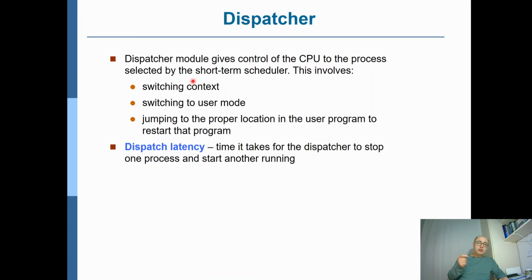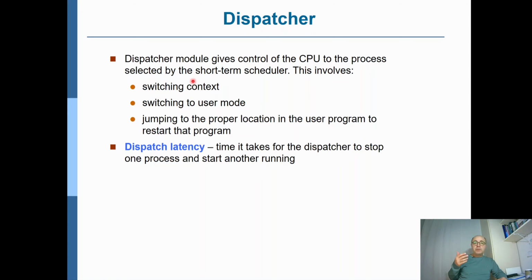Now, to do the context switch, you switch from the user mode, in which the regular process instructions were executing, and now the operating system takes over. It does the context switch by, again, saving the state of the current process and restoring the state of the new process to come into the CPU.